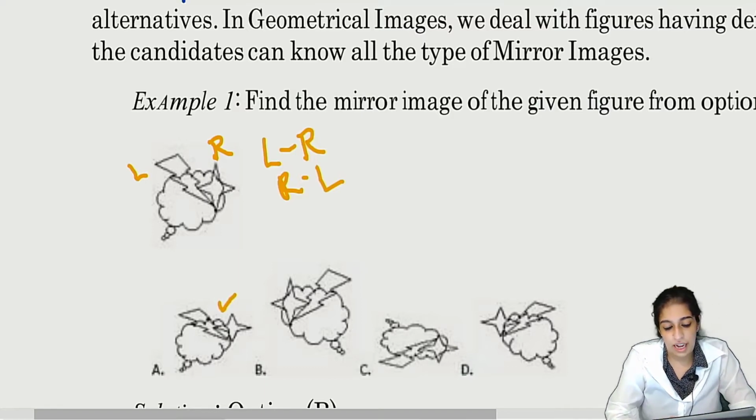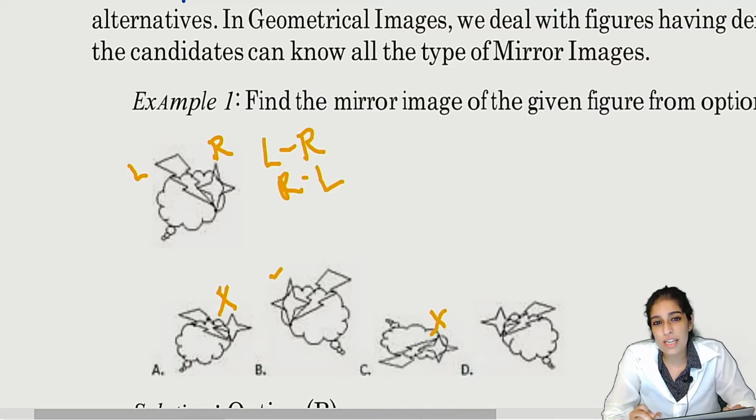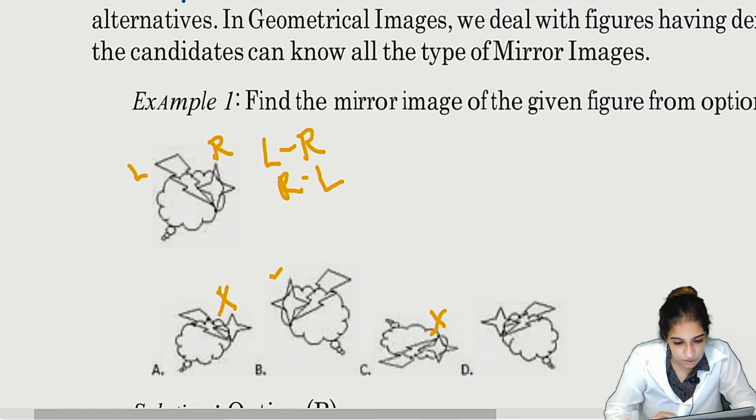The star is on the right hand side, which now will become the left hand side, correct? So this is not it, this is still on the right, this is also still on the right, cannot be. This it can be, maybe, this also it can be. Again, what we said, in a mirror nothing else changes, only left appears as right, right appears as left. Now let's go on the other parts of this diagram.